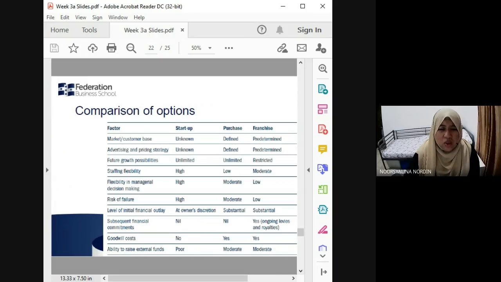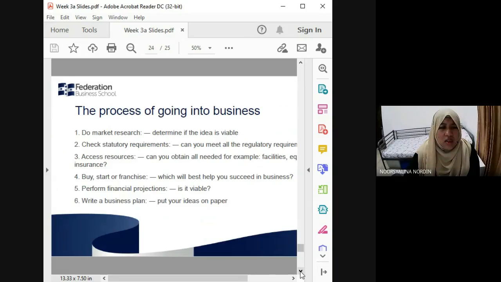So you can choose from here, and then perform financial projection. Is it viable? Is the financial projection convincing enough for our business? So that's why you have to make the financial plan in the business plan.